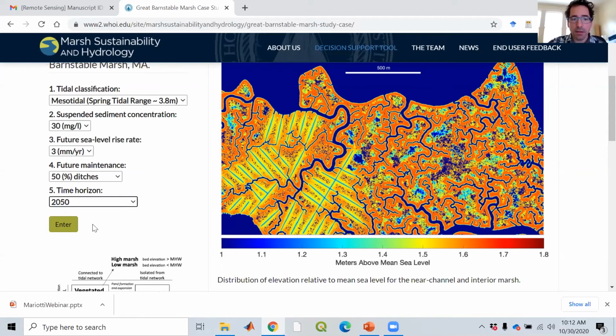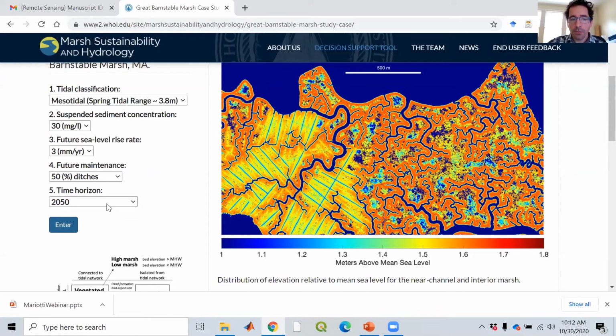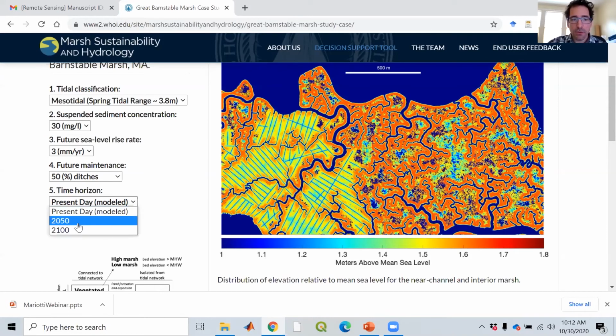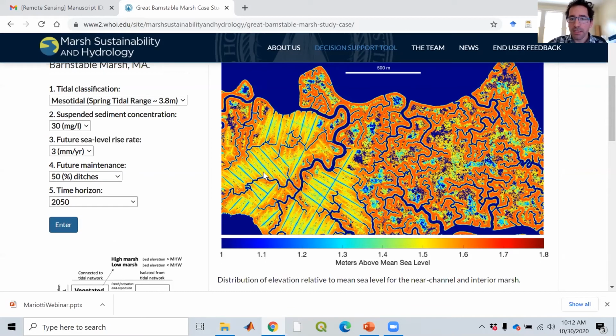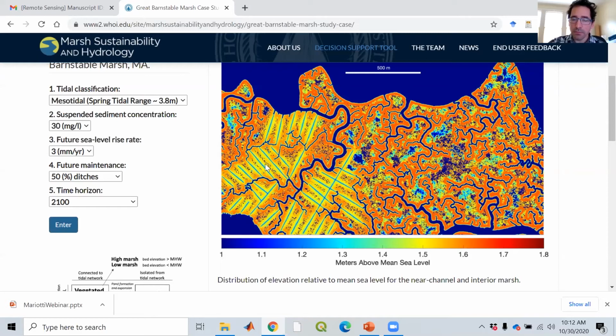Maybe you can see better if we start with present day, there are the ditches, and then in 2050, we only maintain every other one, and these ditches you can see start filling in, and by 2100, they get much higher elevation because there is enough sediment and sea level rise is not very fast.